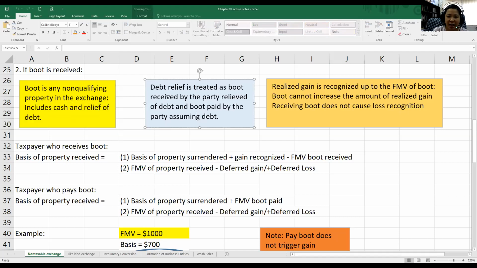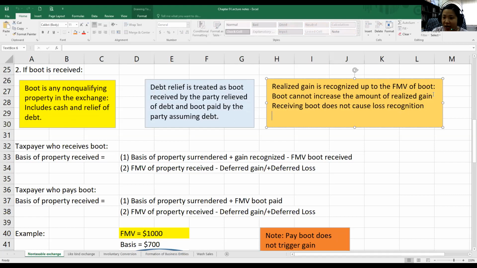Okay. And remember that relief of debt is treated as boot received by the party that is relieved of the debt, and boot paid by the party that is assuming the debt. Okay. And the realized gain is recognized up to the fair market value of boot.